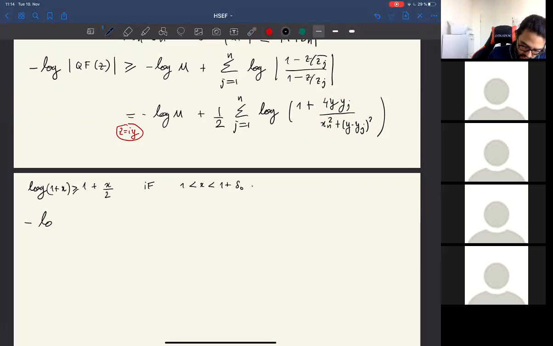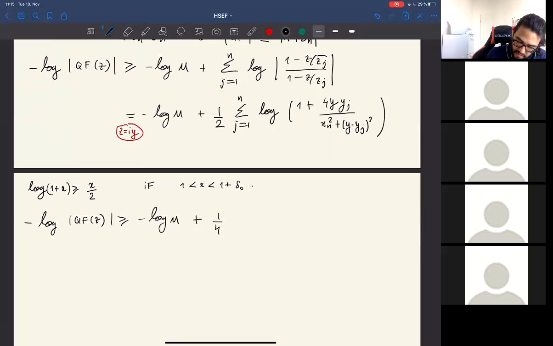So minus log of qf of z is greater or equal than minus log of m plus, was that right? No, there is no 1 here, sorry. It's just x over 2. If x is 0, then log is 0, yes. So we can just bound this by, let's say, 1/4.